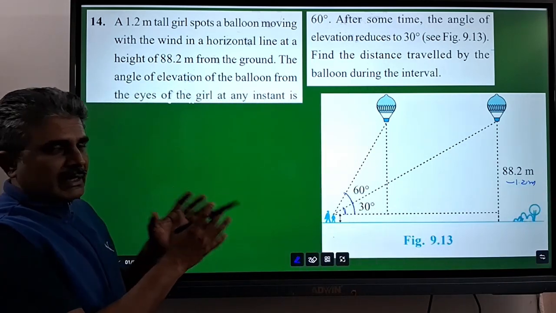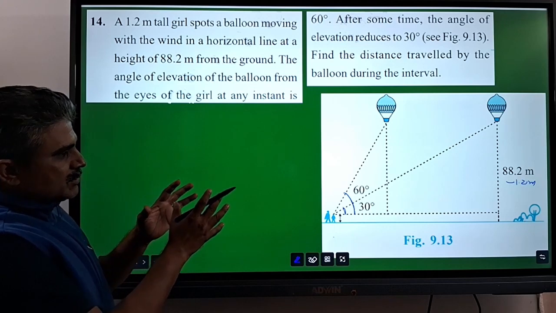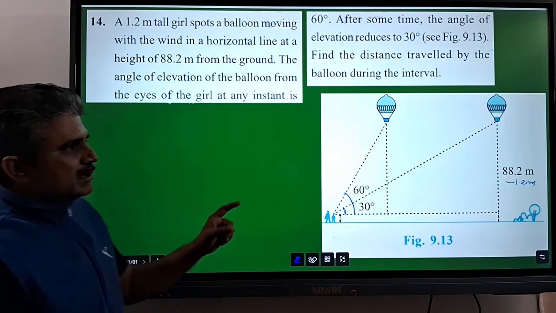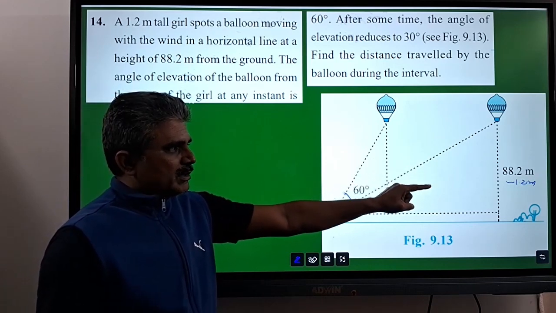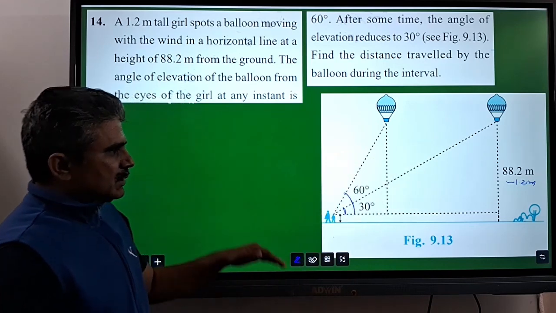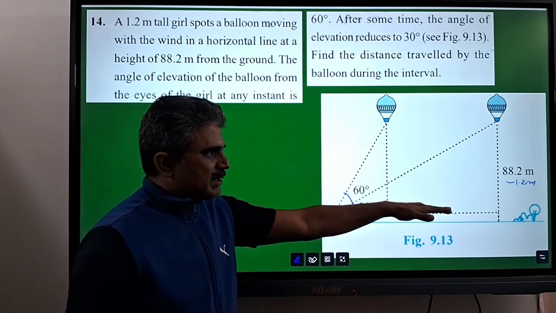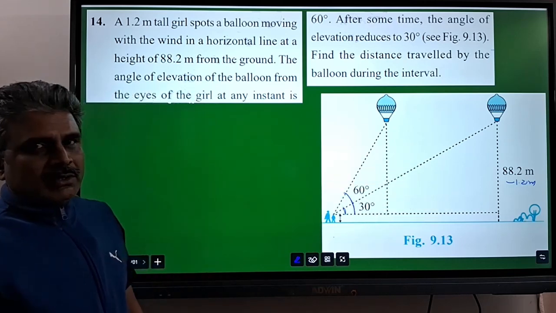So whenever you are drawing triangles which lead to some trigonometric ratios, the height considered for the triangle will be 88.2 meter minus 1.2 meter, because the line of sight is taken as base for the triangles that we are drawing.